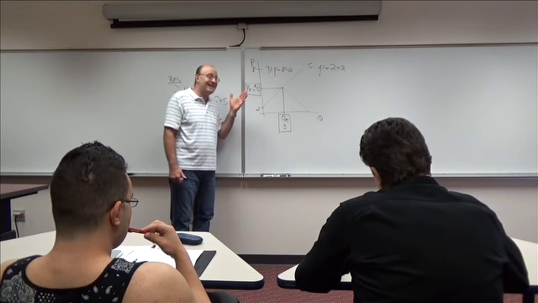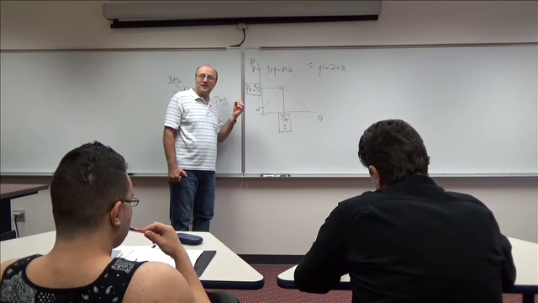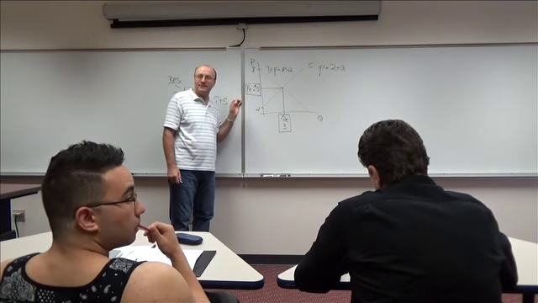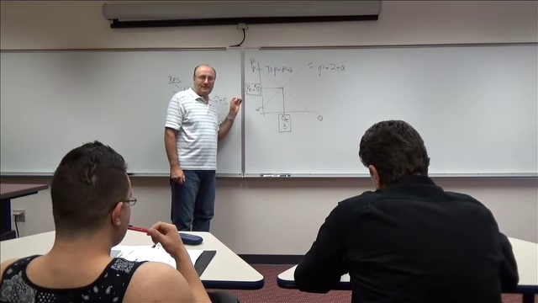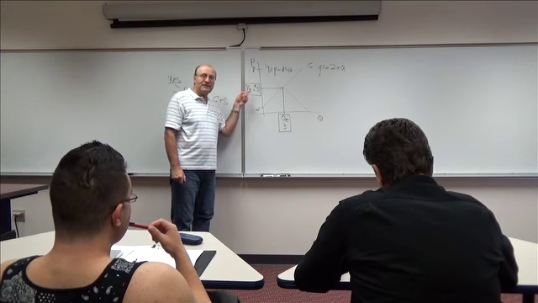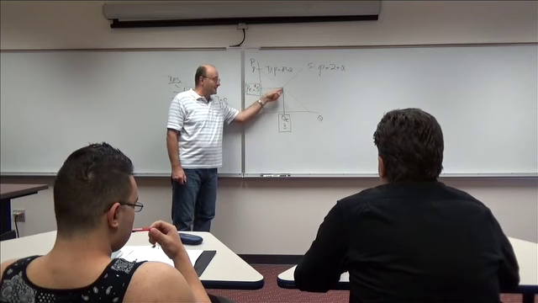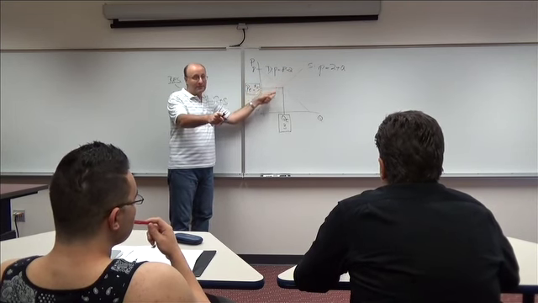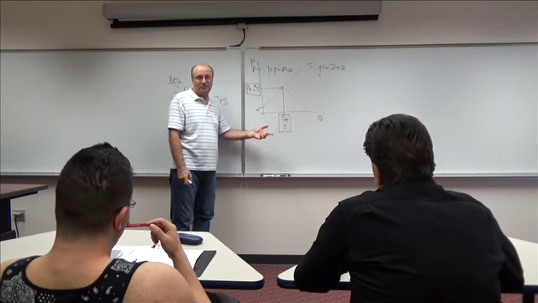$5. It's the only price at which something is true. What is true at the equilibrium price that's not true anywhere else? At the equilibrium price and only at the equilibrium price, quantity demanded is equal to quantity supplied, which is equal to equilibrium quantity.